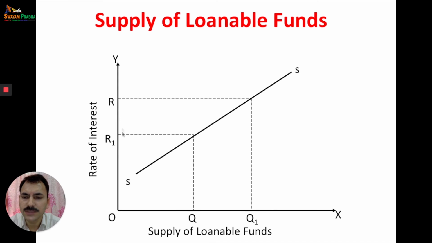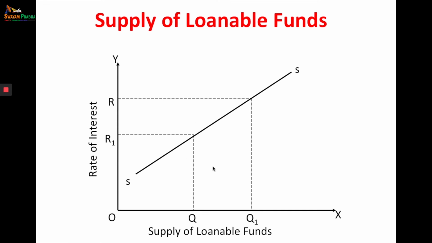If at rate of interest OR the supply of loanable funds is OQ, and the rate of interest increases from OR to OR1, then the supply of loanable funds increases from OQ to OQ1. The upward slope of this curve shows the positive relationship.